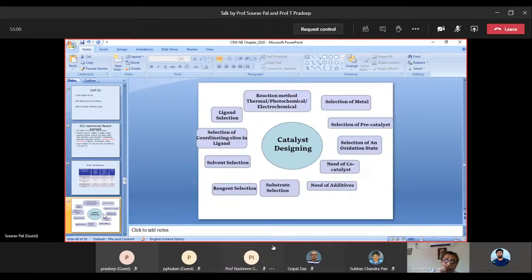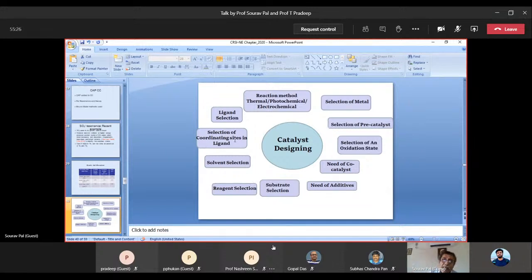So one of the important things that we have been trying to do is to design a catalyst. And all of you know in chemistry, design of catalysis is extremely important. However, there are several things that we have to look at: reaction, metal selection, pre-catalyst, oxidation state, co-catalyst, additive, substrate, reagent, solvent. So many things that you have to look at, that it's a plethora problem.